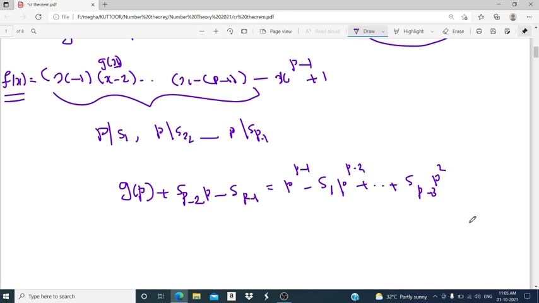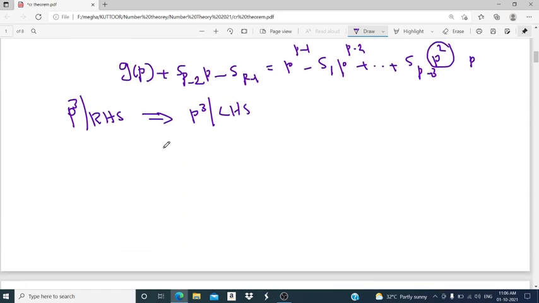Then we can say that every term of the right hand side is divisible by p cube, because p to the power p minus 1 contains p cube, p to the power p minus 2 contains p cube, etc. Here p square already exists and s_{p-3} contains a term in p. Therefore, p cube divides RHS, therefore p cube divides LHS.